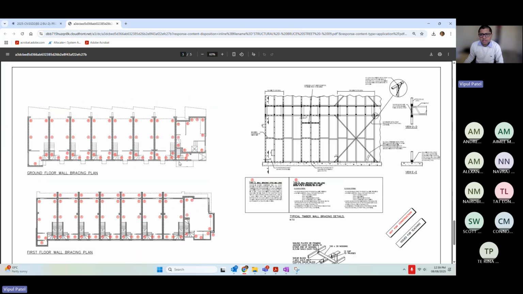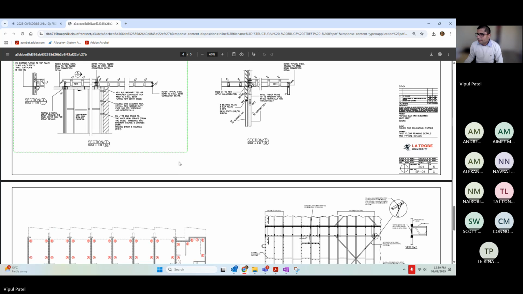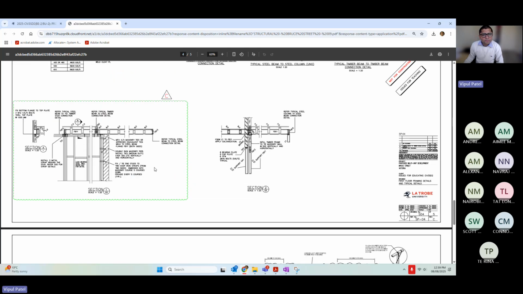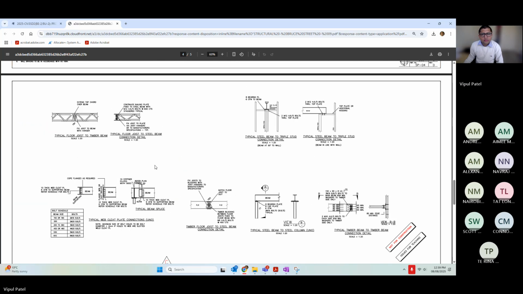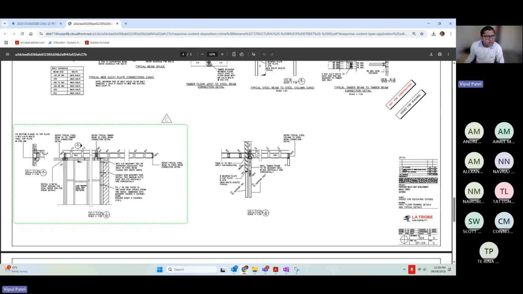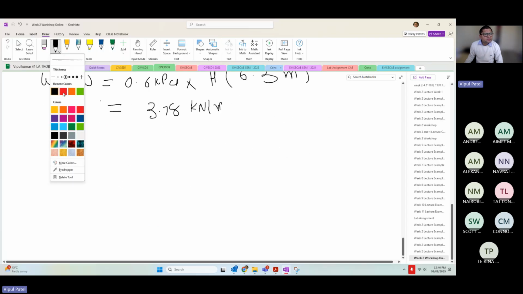Yep, those are the beams that we have to do the calculations for. I'm not sure what the length of that beam is, but we can figure it out. The length of that beam is about 5.5 meters. So let me draw up that beam.